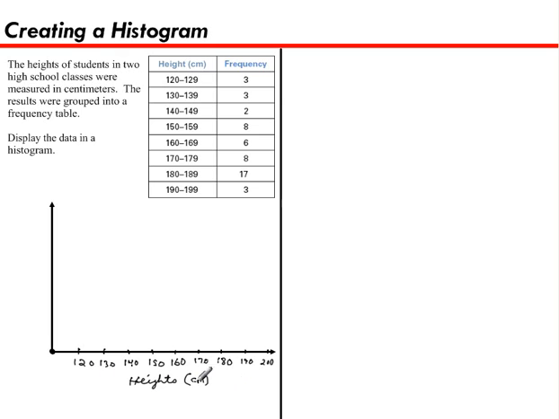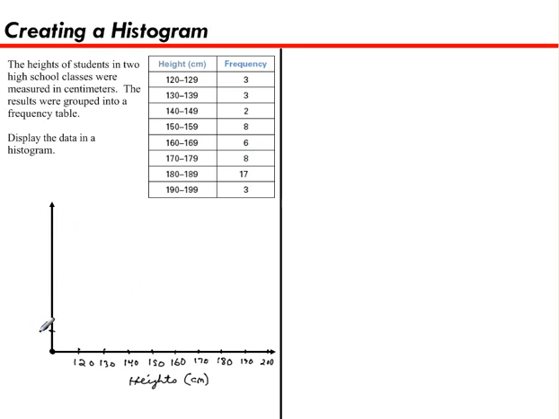All right, now that the x-axis has been set up, let's do the same for the y-axis. What intervals should we use for the y-axis? How am I going to split that up? Well, the smallest value I have is 2, and the largest I have is 17, and there's some 3s, 6s, and 8s. So I could probably get away with dividing this into groups of 2. So I think I'll do that.